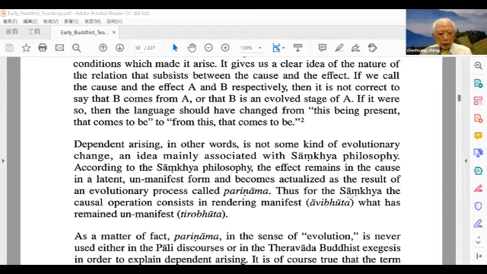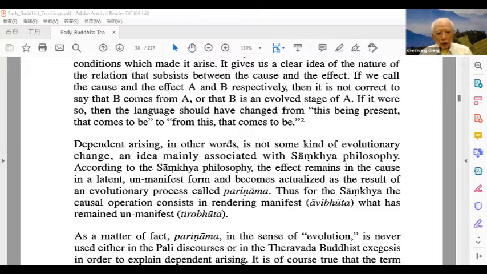Thus, for the Samkhya, the causal operation consists in rendering manifest what has remained unmanifest. This is the explanation about the Samkhya philosophy. Of course, it is not the meaning of dependent arising. So we have to understand the Samkhya philosophy.